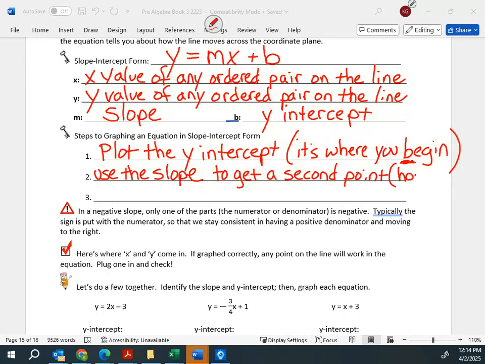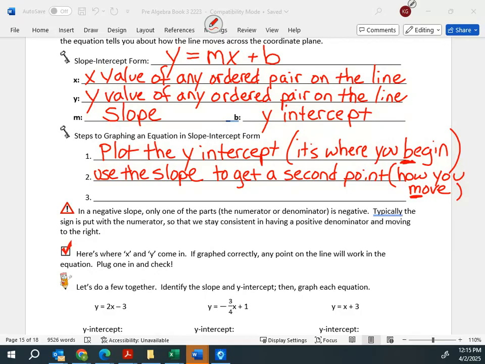That's how you move, which is the m. Because remember that slope is how that line moves across the coordinate plane. So the slope tells us how it moves. That's the second thing we use, the m.